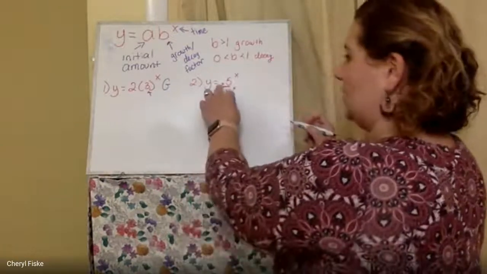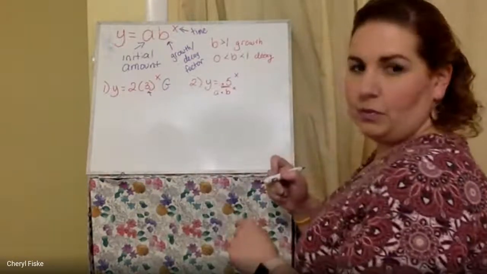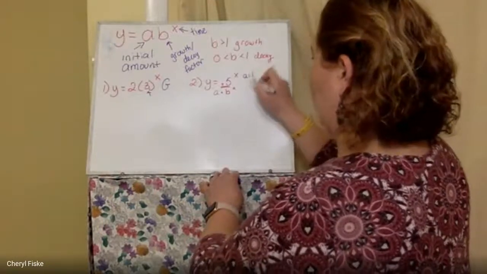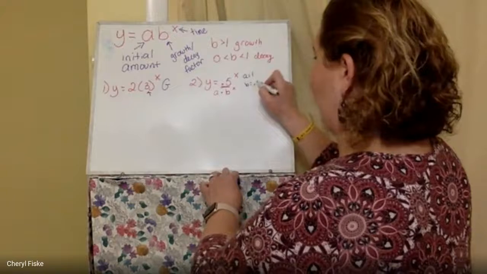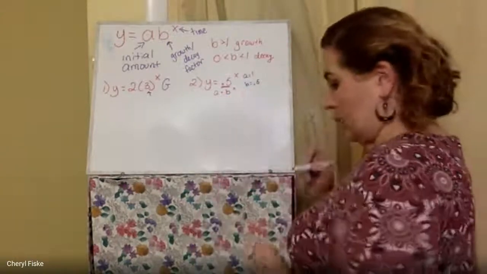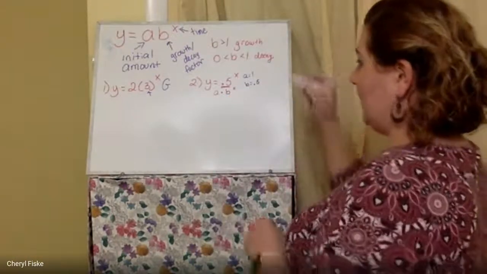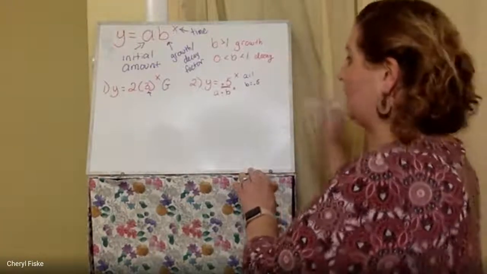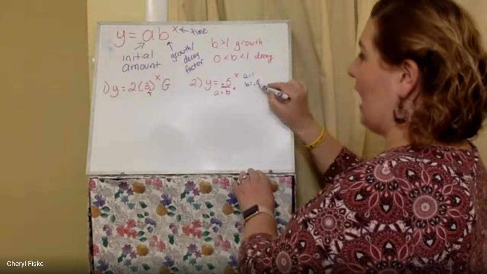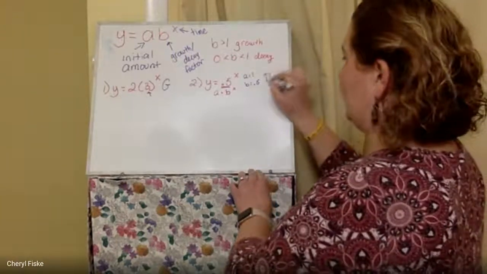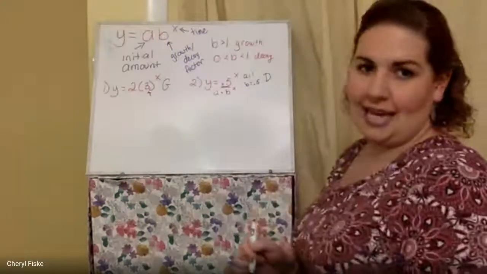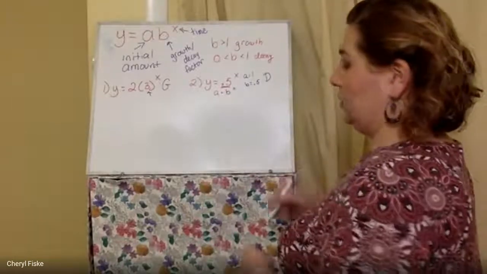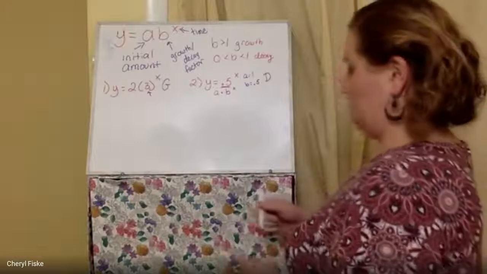So what's in front that you don't see that's getting multiplied? In this problem, A is 1. B is 0.5 in this problem. So your initial is 1. It's 1 person, it's $1, it's 1 bacteria. And then B is 0.5. So this one is going to be exponential decay. And it's going down because it's 0.5, which is less than 1. It's between 0 and 1.